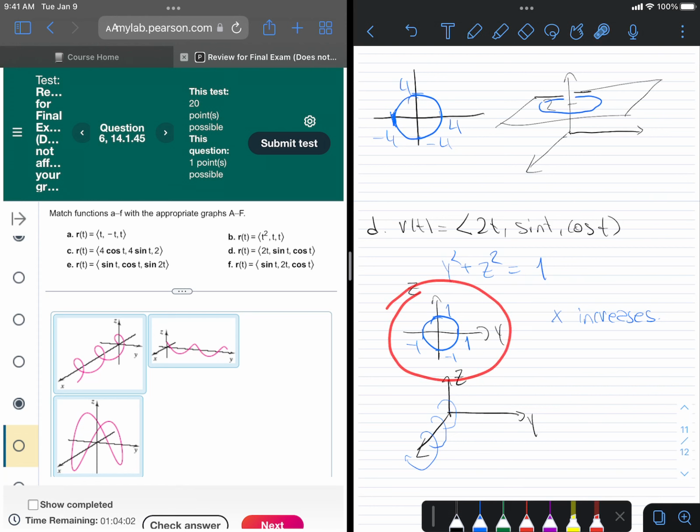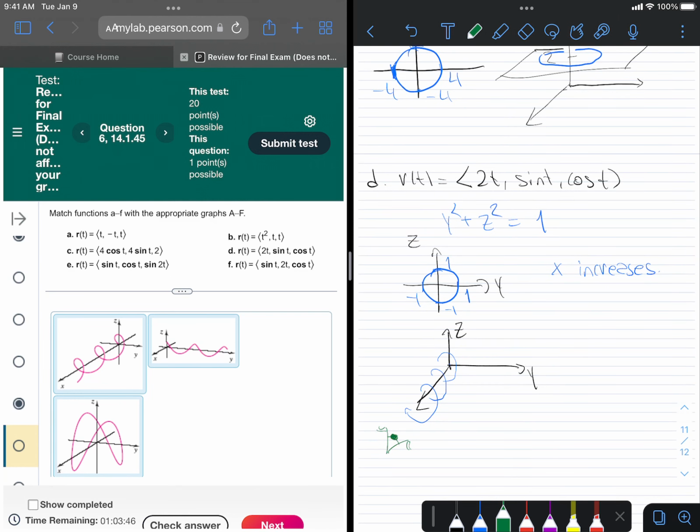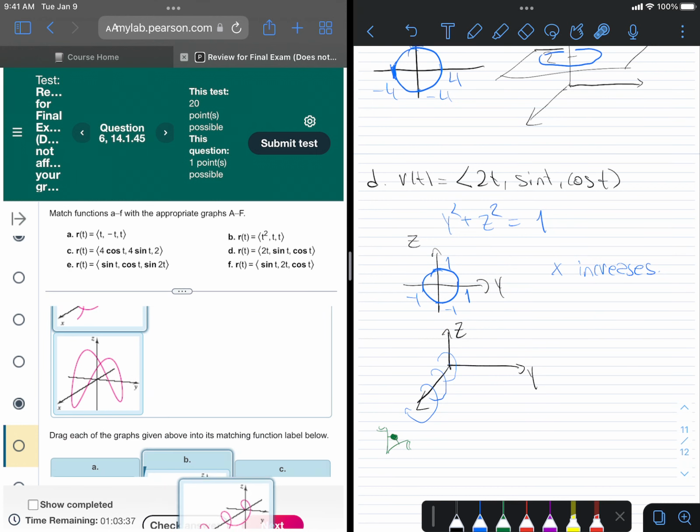This vision right here is as if we were looking at this from this point of view. Like if your eyes were here, I did not draw good eyes. This is the best drawing of an eye I can come up with. And this is the view you get looking at it this way, because we're looking at the yz plane right there. So it's got to be this one.